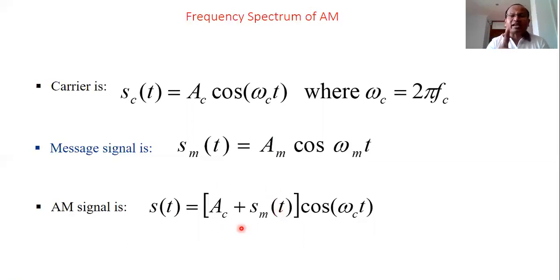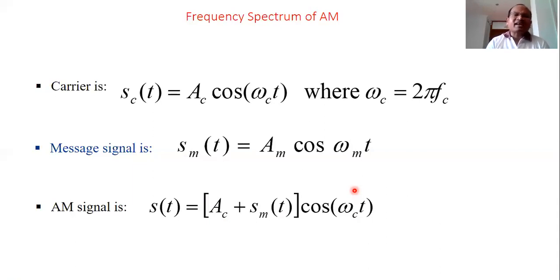So what is the new carrier amplitude? The new carrier amplitude can be written as Ac plus sm(t). So is it still a carrier signal? That is the amplitude modulated signal. Can we say that the modulated signal, which we also call the transmitted signal or radiated signal, is actually a carrier signal?